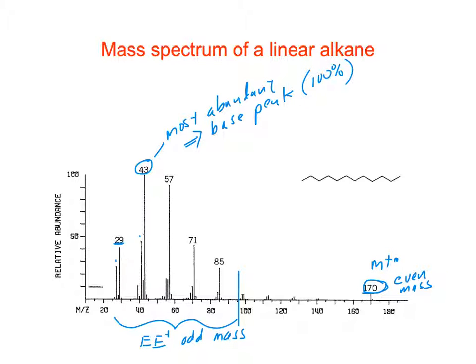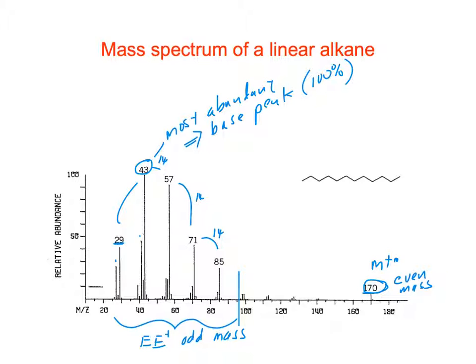So what's the pattern here? You're losing 14, 14, 14. We're just cleaving at different points along this chain, and it's a difference of a CH2 group. So for a linear alkane, we're going to see a common pattern like this.